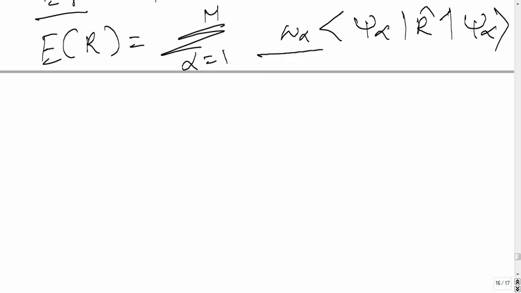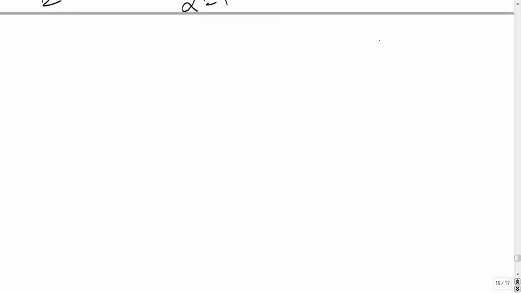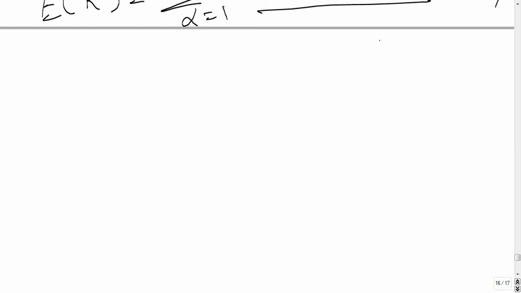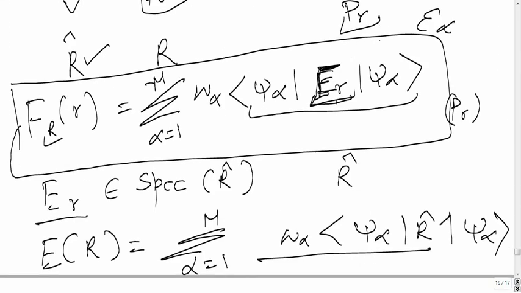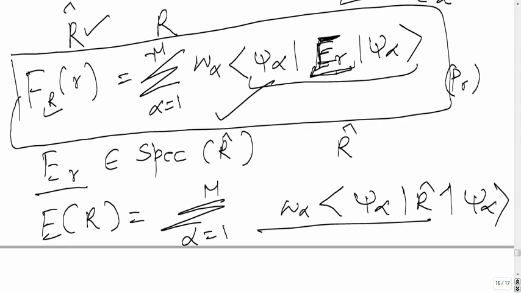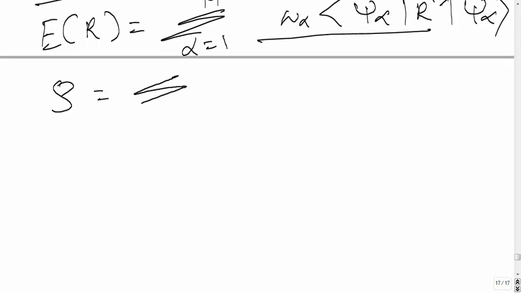So the statistical formulae, that is this expectation value and the expression for this cumulative distribution function, can be cast into a compact form by introducing the density matrix or statistical operator, which is given like this.